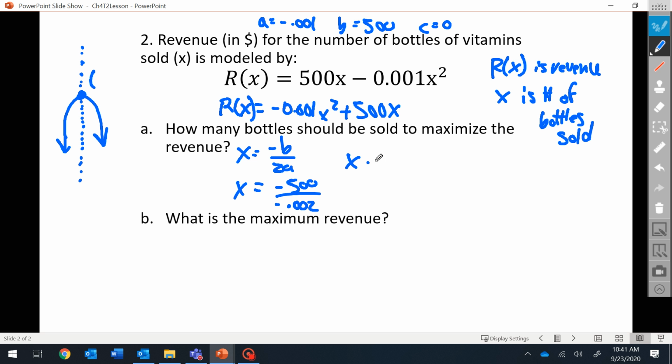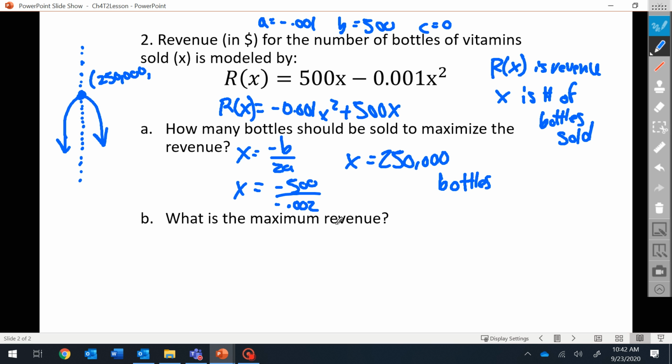Which means that our x-coordinate is going to be 500 divided by 0.002, which is 250,000. So in order to maximize revenue, they need to sell 250,000 bottles.